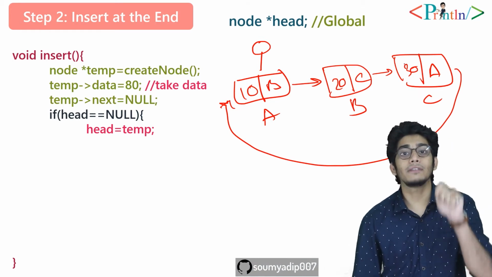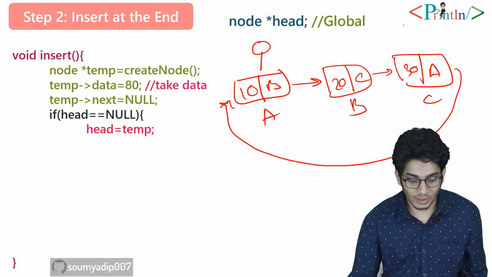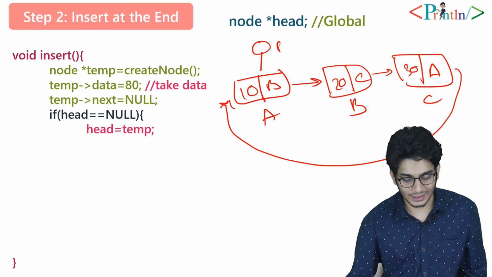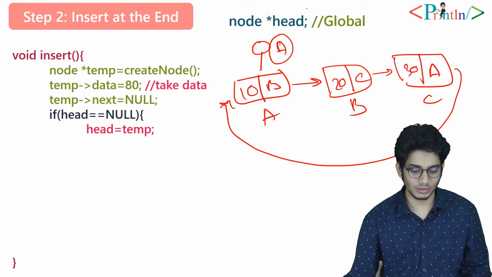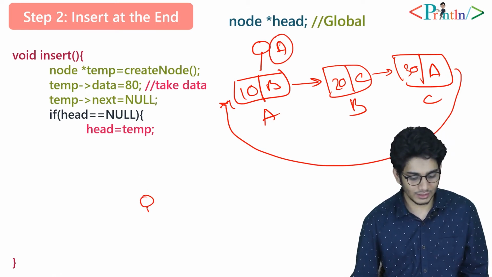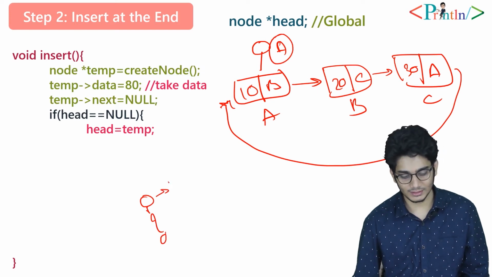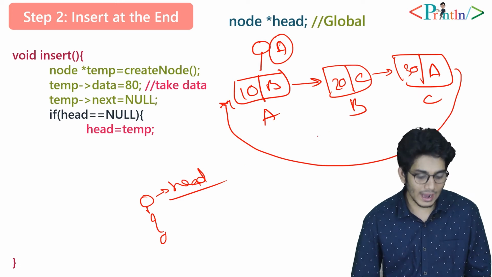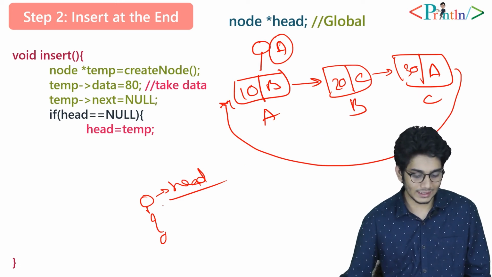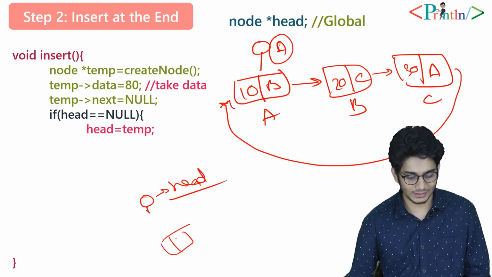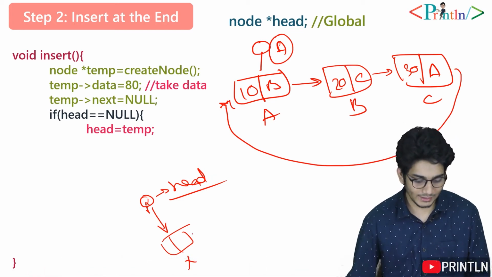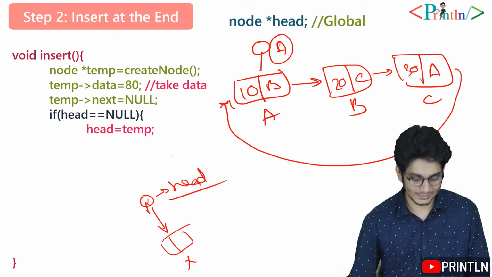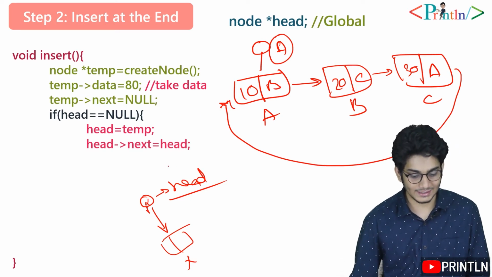If we don't have any node within our head pointer, so currently our head pointer contains A, right? So A is the first node. Let's say that we don't have any node within our head. This is the head. It means our head is null. Now we'll just assign head to temp. Let's say this is temp, this is X. We'll assign X into head. Then we'll assign head next equals to head.